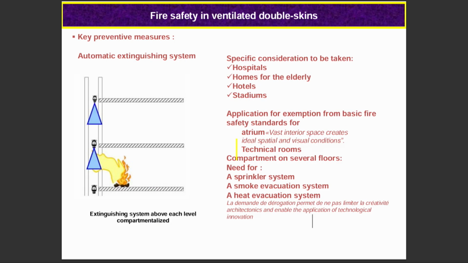Or we also tested some sprinklers, so you put also injection of particles of water, which was not so bad. So we tested two things: mechanical ones that close the chimney, and sprinklers, to be sure that it could be also developed in a real building where there are inhabitants.